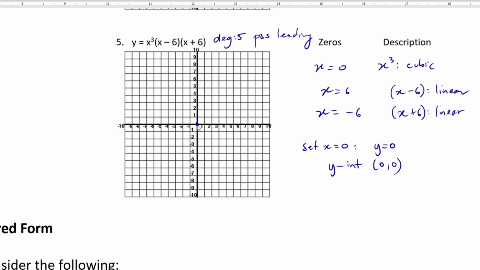Okay, let's plot these zeros here and the y-intercept, which happens to be the same right there, 6 and negative 6. It's degree 5 and it has a positive leading coefficient, so that means that it's going to go from the third quadrant to the first quadrant. And it's going to behave cubically through here, but linearly through here and linearly through here.